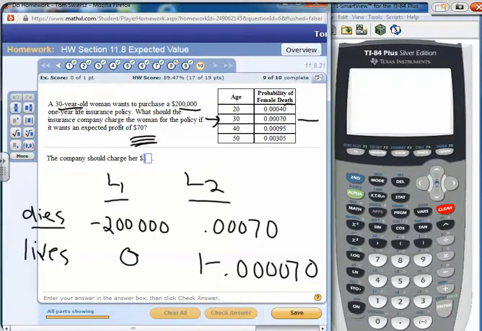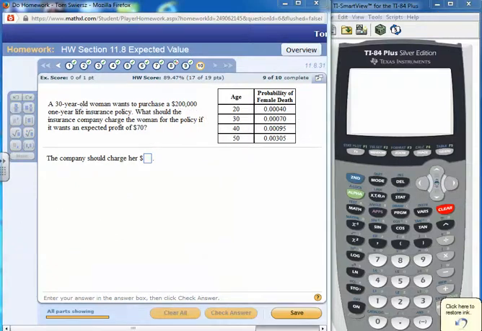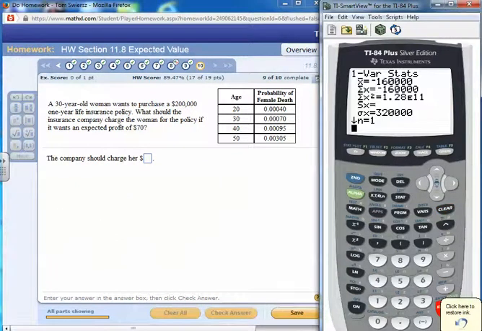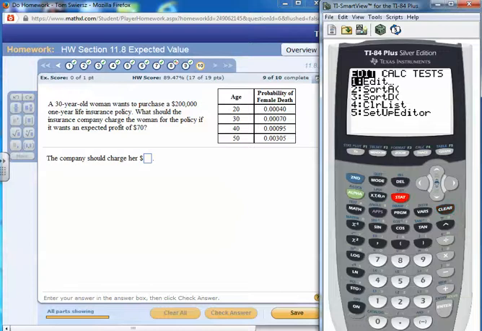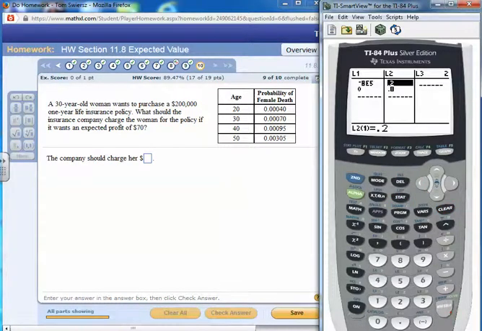So again, we would go to the stat key. If we use our L1 and L2, we'll go to stat, edit, clear out L1, highlight L1, hit clear. And again, if she dies, they're going to pay out $200,000, so they're going to lose $200,000. If she lives, it's going to be 0. They're not going to have to pay out anything, the insurance company. The probability she dies for a 30-year-old, we said, is 0.00070.